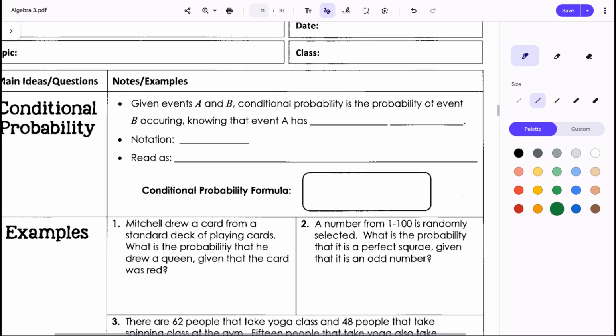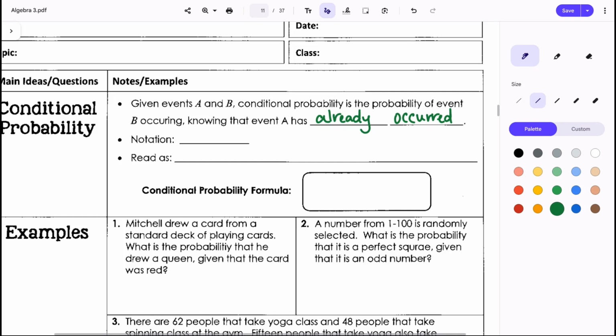So it says here, given events A and B, conditional probability is the probability of event B occurring, like the second thing happening, knowing that event A has already happened, or already occurred would be another way that they might say that.